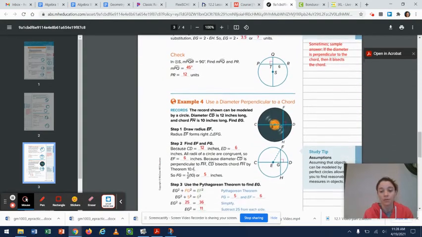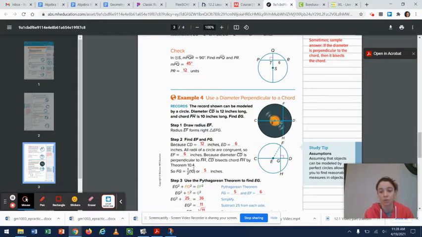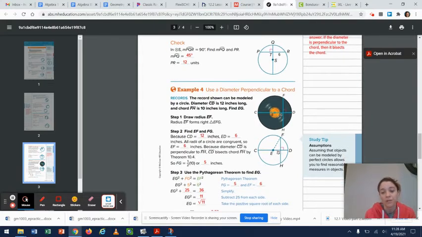Example 4, you use the diameter perpendicular to a chord. So it says the record shown can be modeled by a circle. Diameter CD is 12 inches long and chord FH is 10 inches long. So the first thing that you will want to do is connect from F to E as shown here in this picture, okay? Then what we're going to do is find the radius.